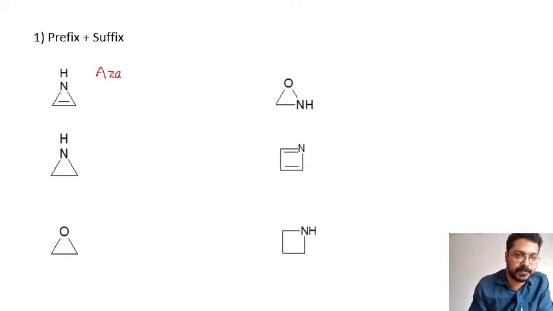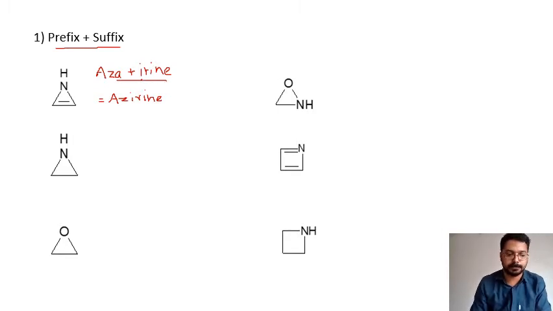Because it is prefix plus suffix, so aza, and it is 3 membered unsaturated, so it is irine. So the name will be azirine, aza plus irine. You can replace a with the suffix, azirine.